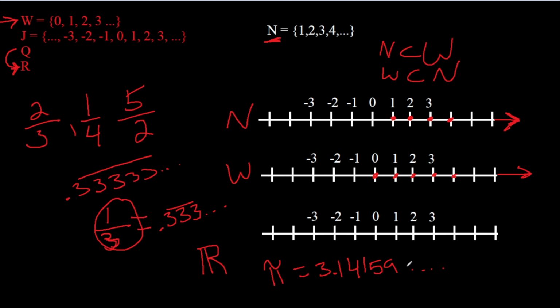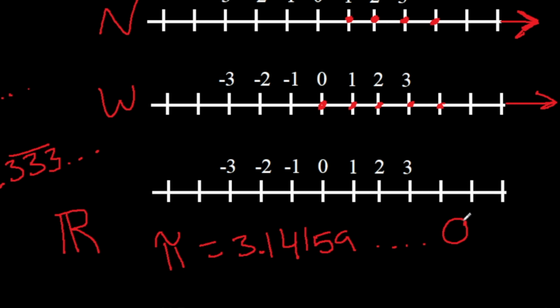It does not repeat, there's no pattern, and you cannot possibly make pi with any fraction whatsoever. So the real number line contains every single number, including all of the fractional numbers, namely this Q, but Q does not contain every real number. Is Q a subset of R? The answer is yes, because R is all real numbers, every single number you can possibly imagine that's real.